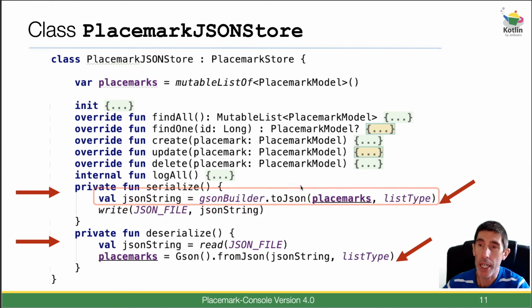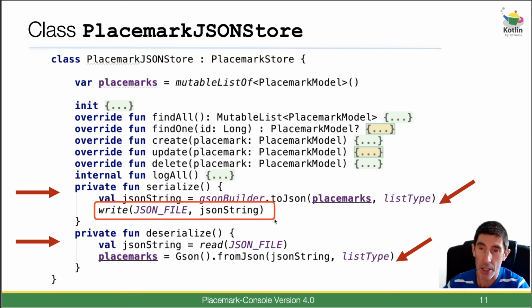It converts our mutable list to JSON, hence the toJSON function, stores it in that JSON string, and then we have this other function called write, which we'll also look at in due course, that writes out that JSON string to a particular JSON file.